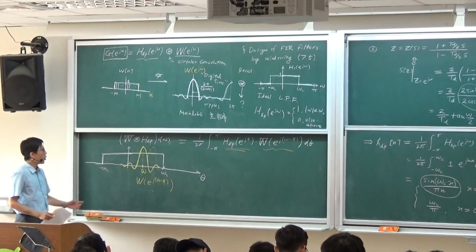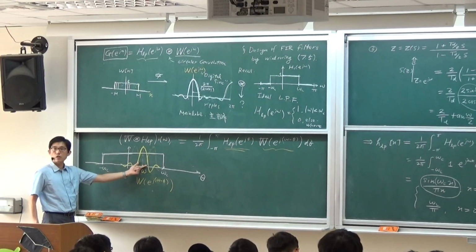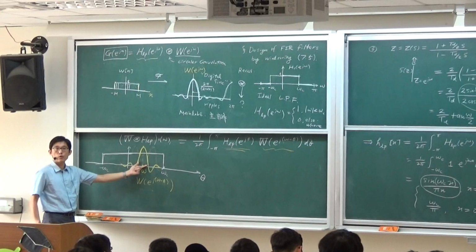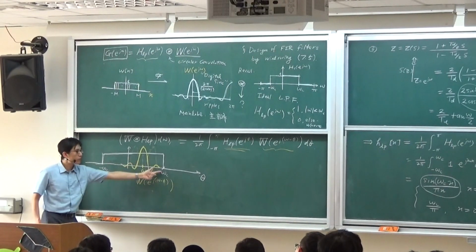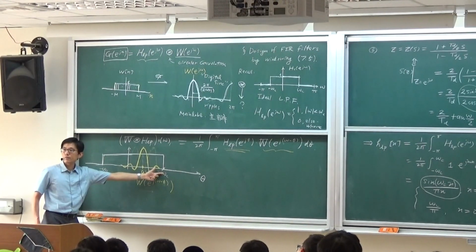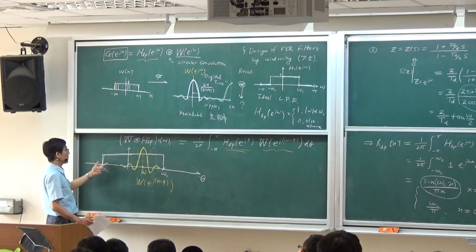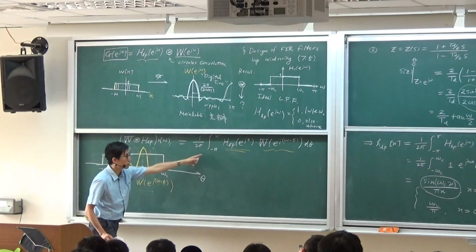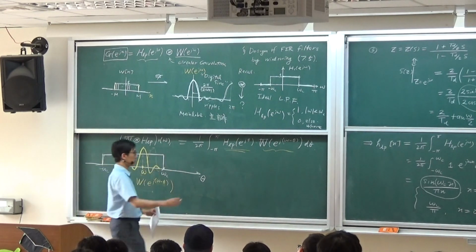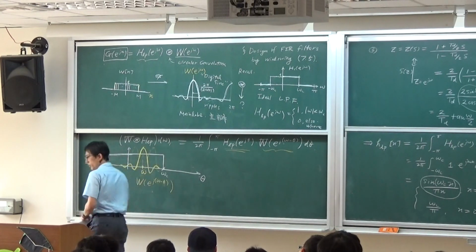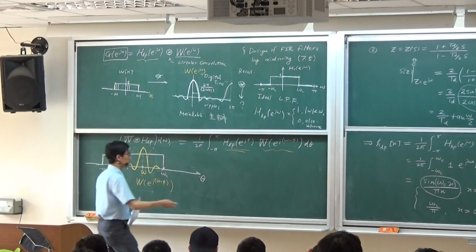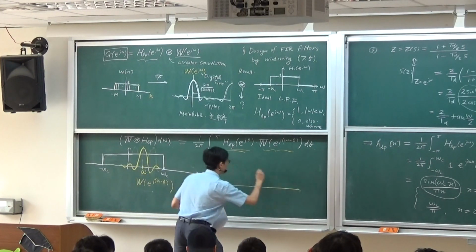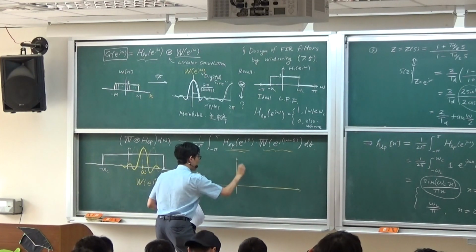I call this yellow copy the window transform because it's the Fourier transform of our window. When this copy of the window transform is far away from the cutoff frequency, the result of this integral is almost constant. I'll draw the result in green.